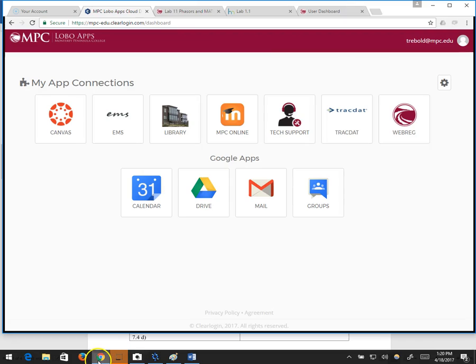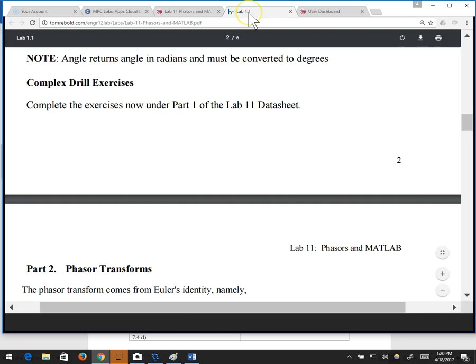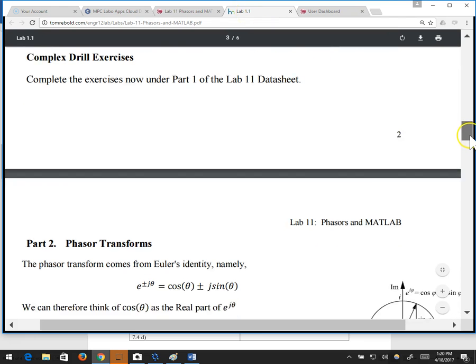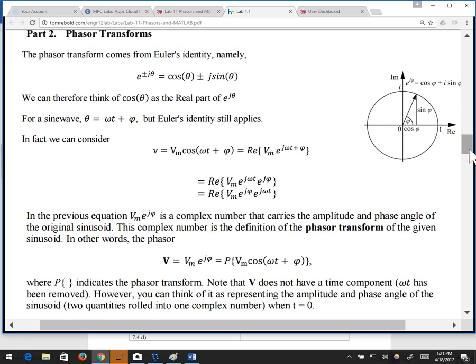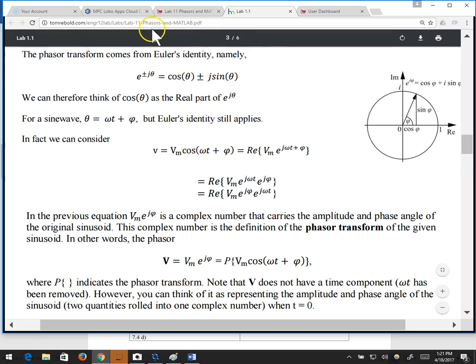Now, part 2 is where we're going to start working with phasor transforms, and that's the idea that you could take a sine wave and represent it as a single complex number. A sine wave is essentially some Vm cosine of omega t plus phi, and what we're saying is, we could represent that as the real part of some complex value using Euler's identity, e to the j theta equals cosine theta plus j sine theta.